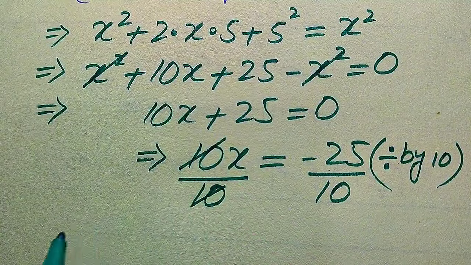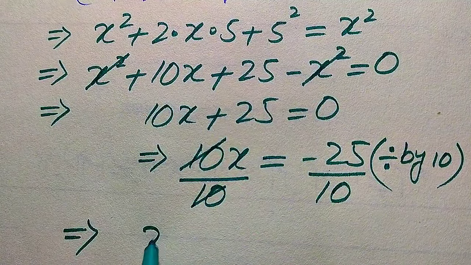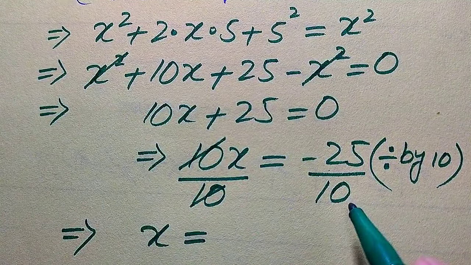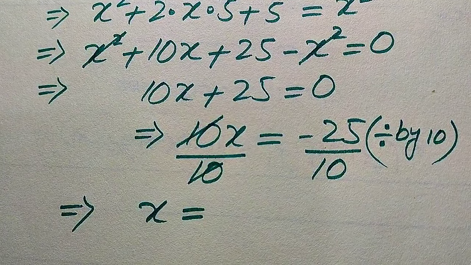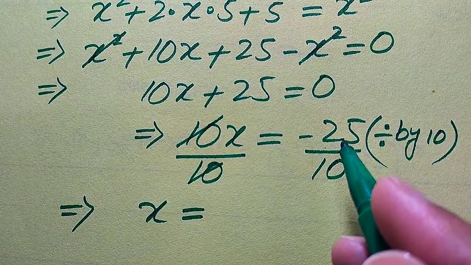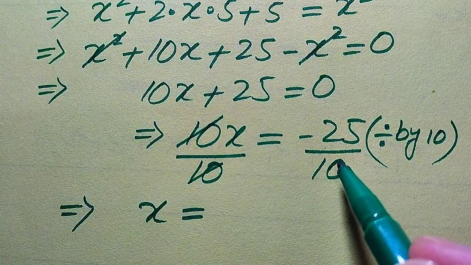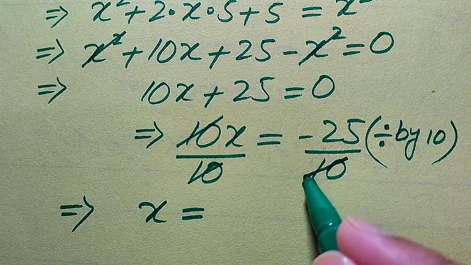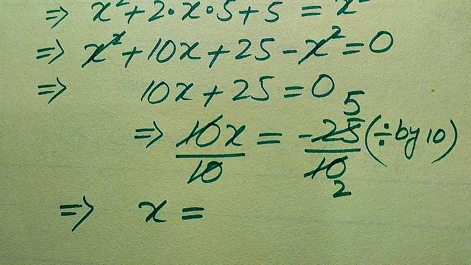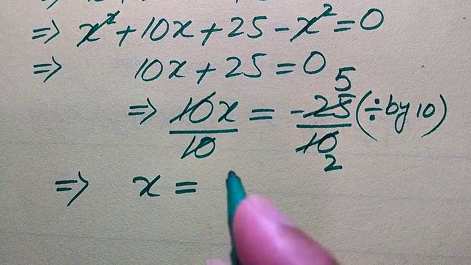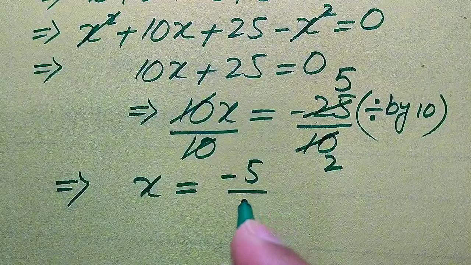So this 10 is cancelled out by this 10, and we get x is equals to, here we need to write this term in the simplified or lowest form. For this we just cancel both of these two terms with the table of 5. So 5 2s are 10 and 5 5s are 25, and we will get here minus 5 over 2.